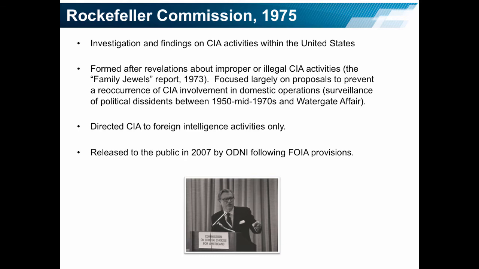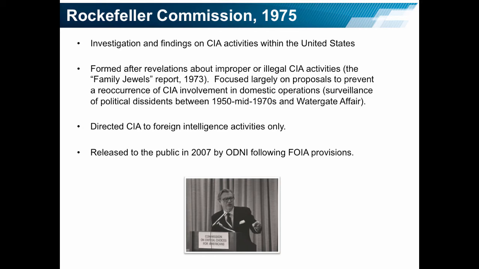Two commissions played a key role in the reforms of the U.S. intelligence community. The Rockefeller Commission responded to investigation and findings on the CIA activities within the United States. The commission was formed after revelations about improper or illegal CIA activities.